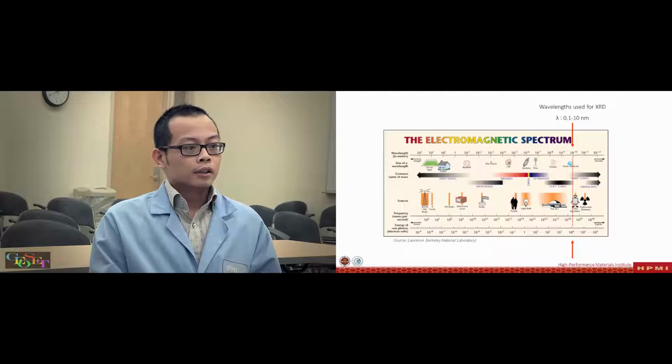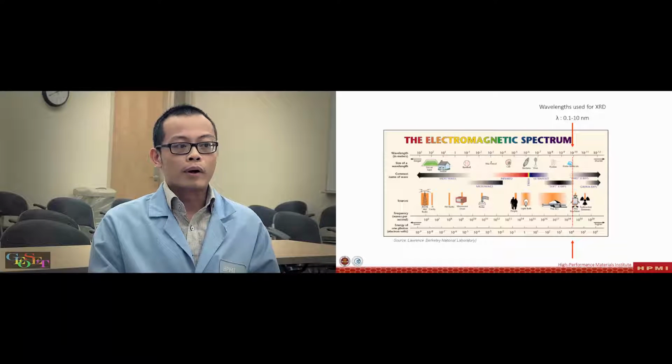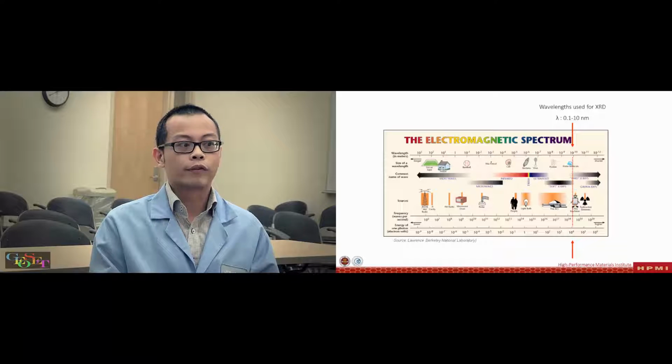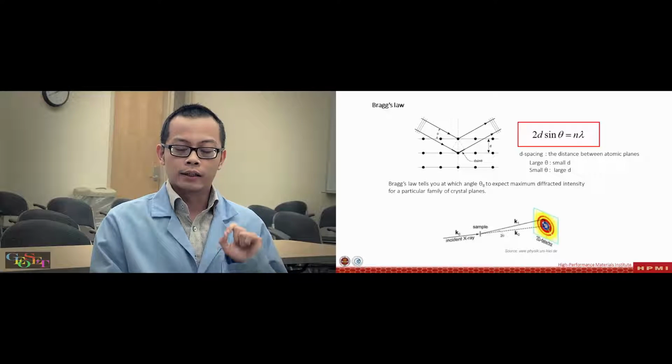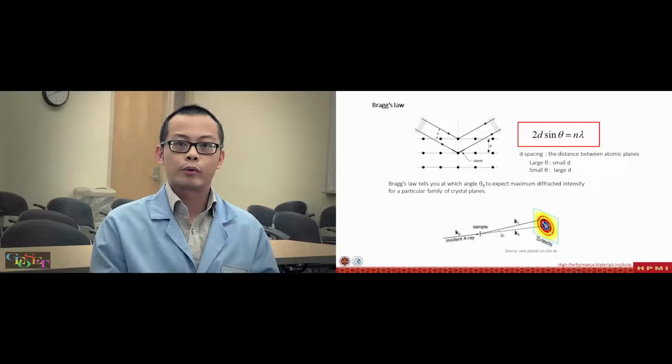The wavelength of the X-ray diffraction is from 0.1 to 10 nanometer. When the incident X-ray beam generated from the X-ray chamber hits the material, it will reflect and follow the Bragg rule.